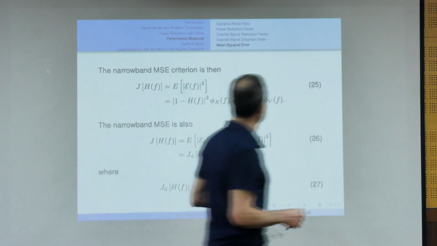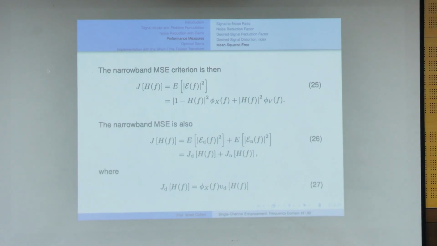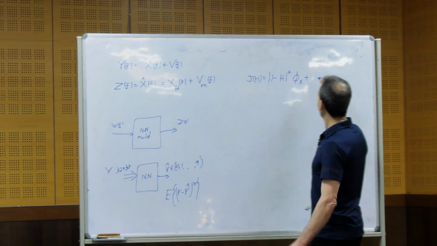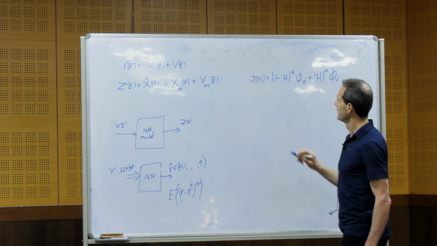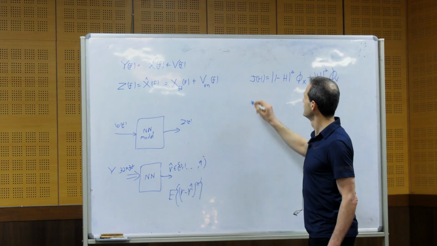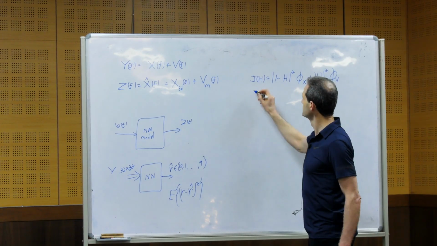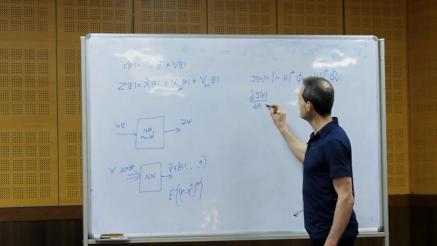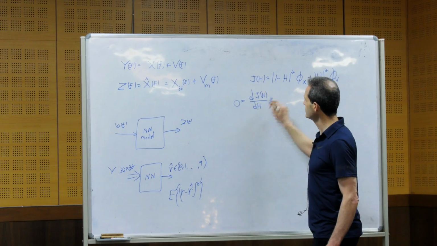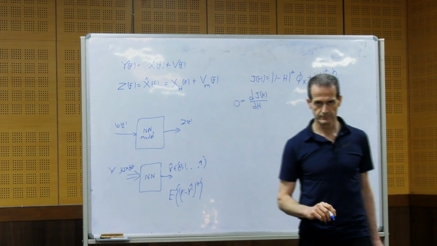Okay, so I will remove the dependence on f because I don't care, but I can write like this: J(h) equals (1 minus the magnitude of h squared) phi_x plus the magnitude of h squared phi_v. And we need to find the derivative with respect to h and equate it to 0. So we need to find this derivative. How do we do that? Okay?